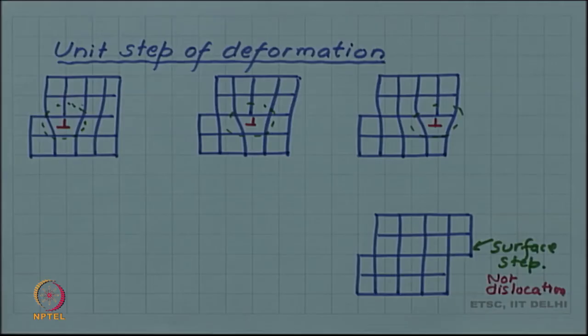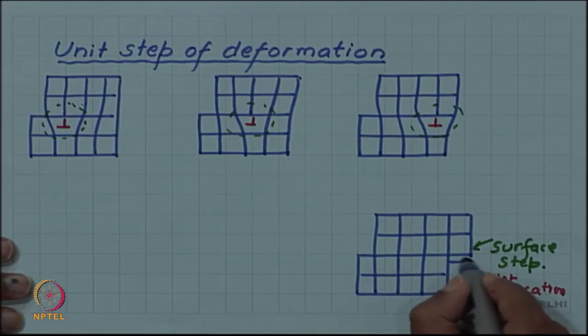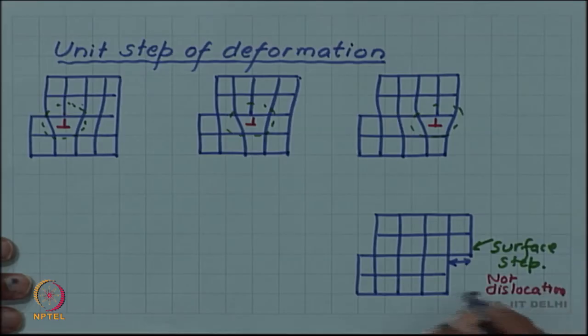So, this means that a dislocation has to come out and disappear to create a unit surface step. In the dislocation terminology, you remember that if the dislocation comes out, it creates a step of Burgers vector b.